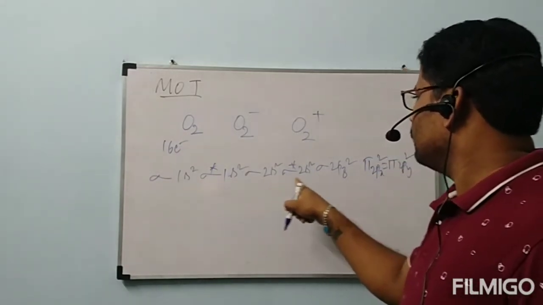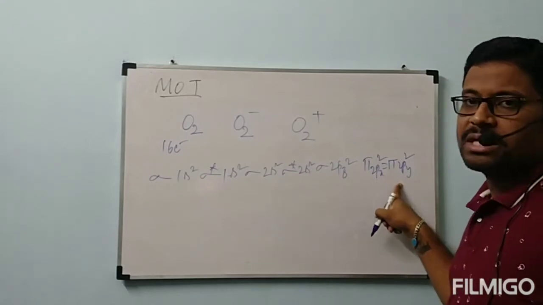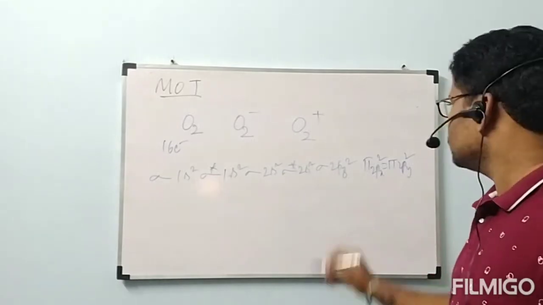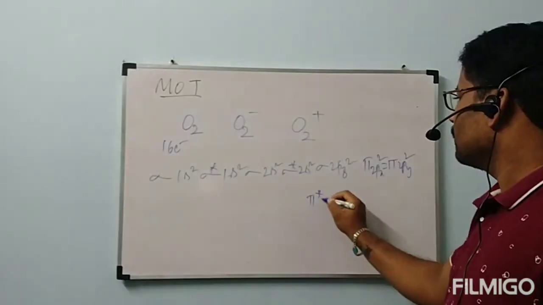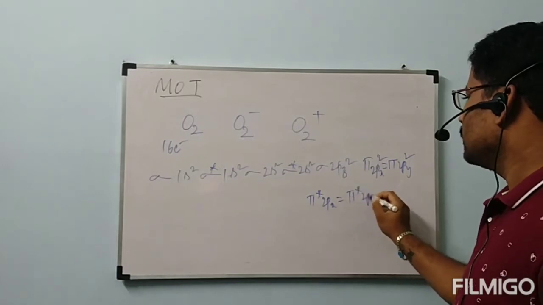That is 7 orbitals completed, which accounts for 14 electrons. But the total number of electrons is 16. Next, pi star 2px equal to pi star 2py.